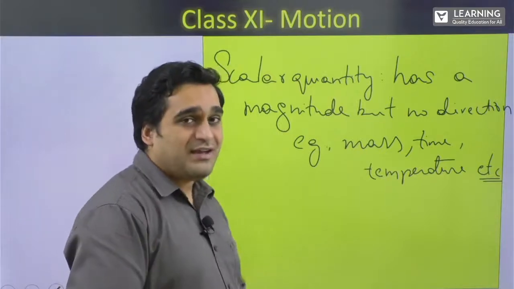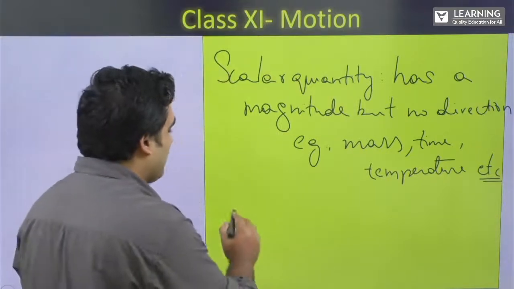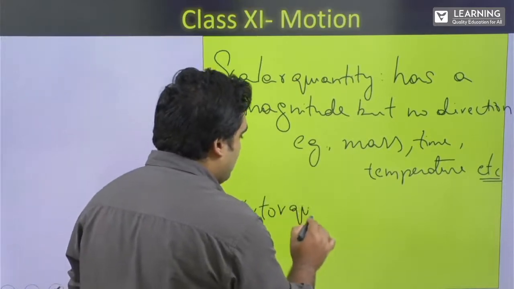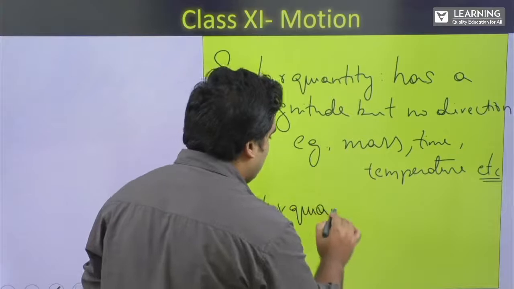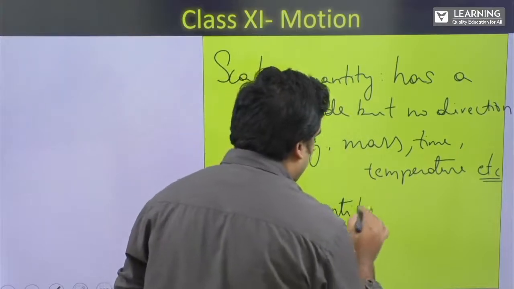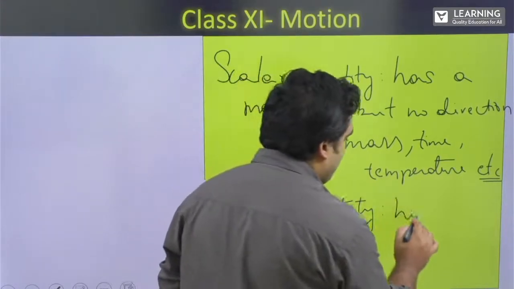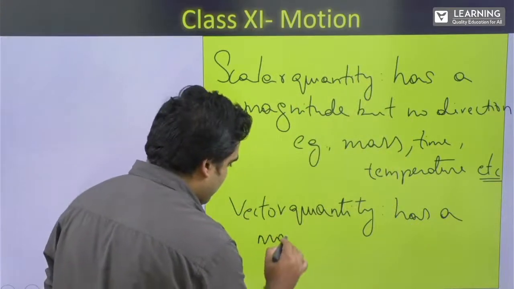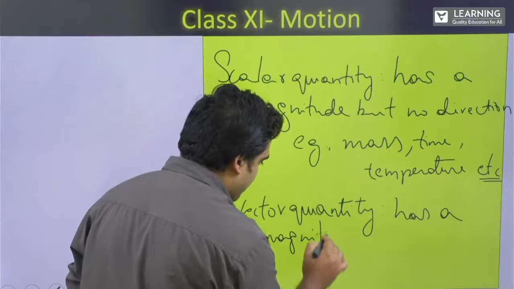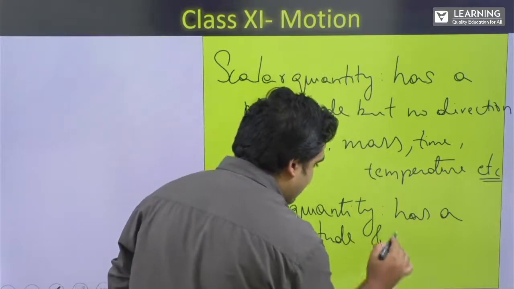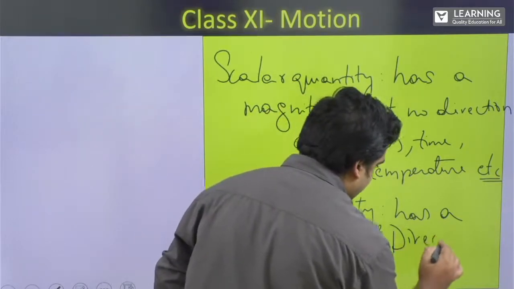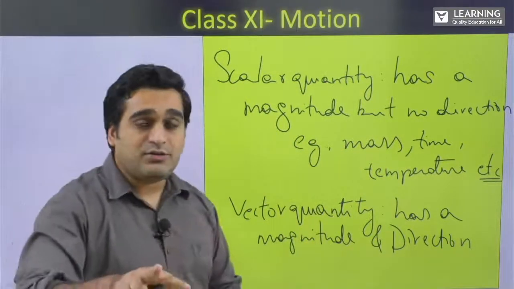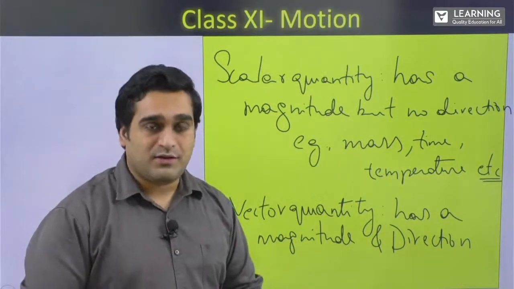Now let us look at another type of quantity, which is a vector quantity. Vector quantities are those physical quantities which have a magnitude and a direction. So they have both: magnitude and direction.